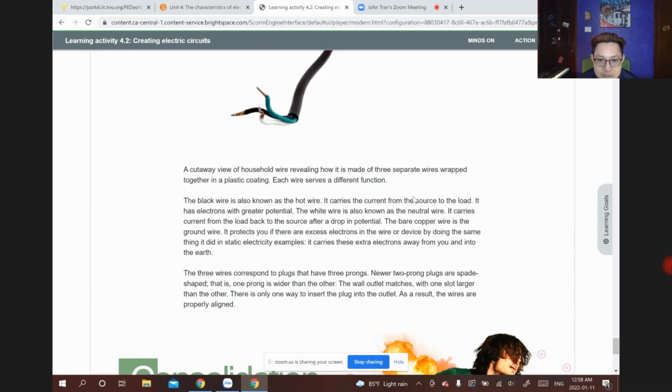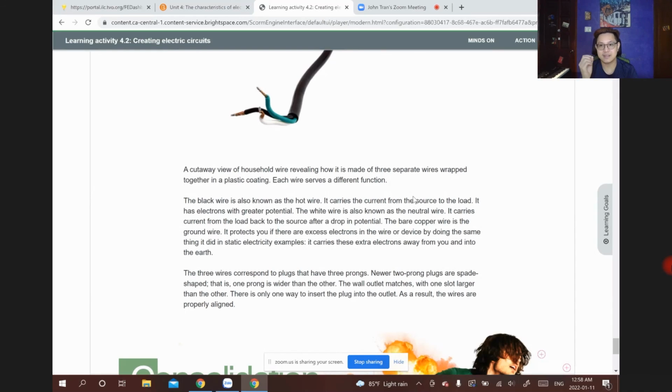And you need a third one, which is called the bare copper wire. The copper wire does not have anything covering it. It's bare, and it's called a ground wire. It protects you if there's any excess electrons in the wire or device, by doing the same thing it did in the static electricity example.